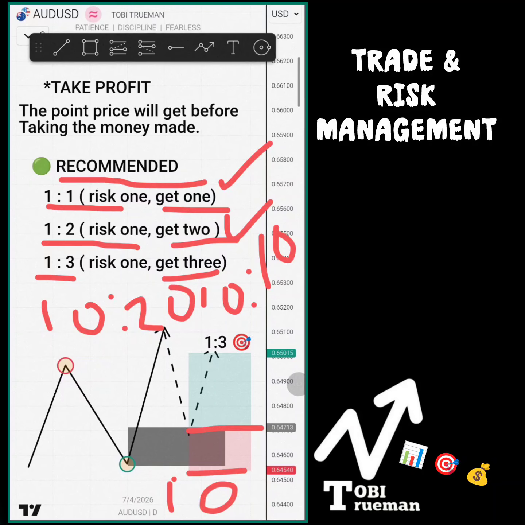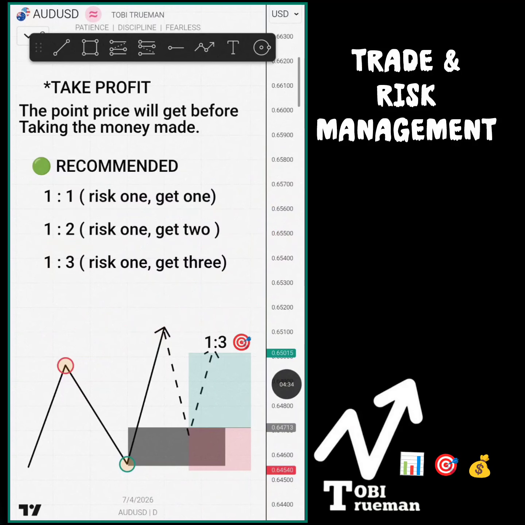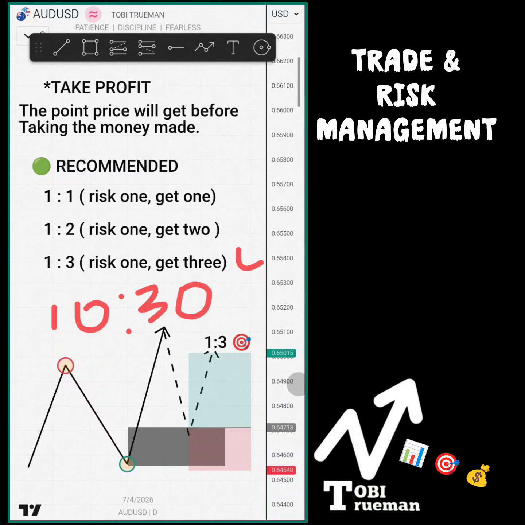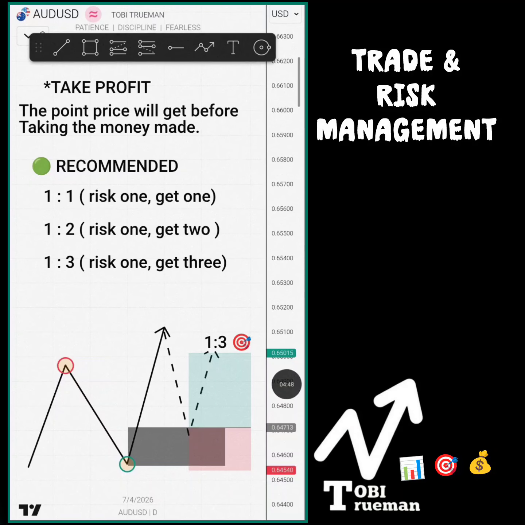And then if we want to go with the number 3 pattern, we will be risking $10 to have $30, which is 10 times 3. I hope you get it now. It's just as simple as that. So among these recommended take profits, you can use whether you want to risk 1 to get 1, risk 1 to get 2, or risk 1 to get 3, just like that.